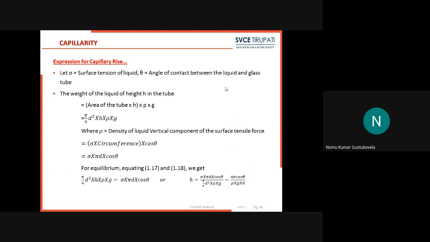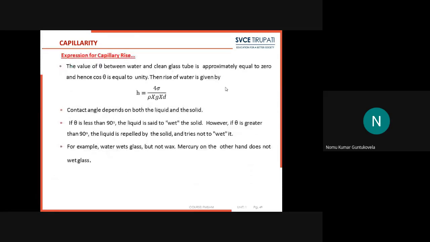We can use any type of fluid, and for each fluid we have a different angle. If the h value comes out negative, it is capillary depression. If the h value is positive, it is capillary rise.